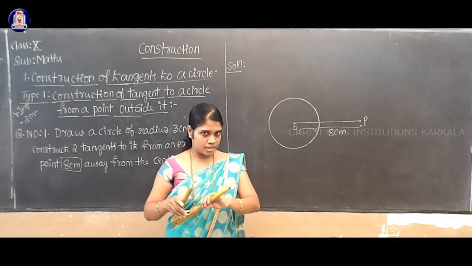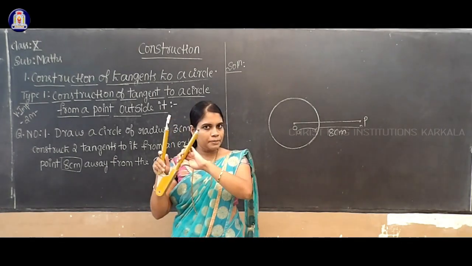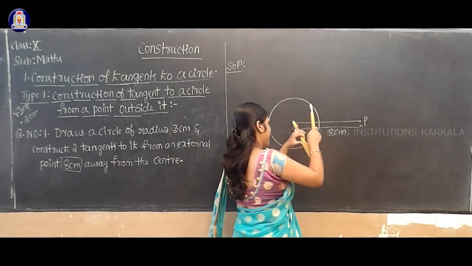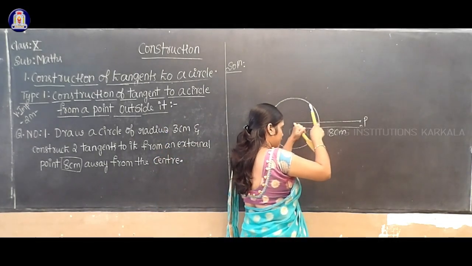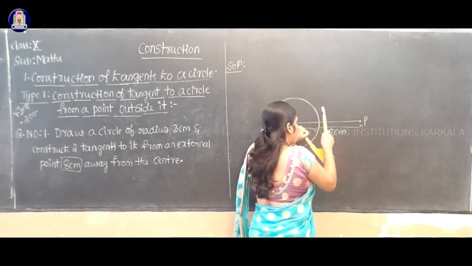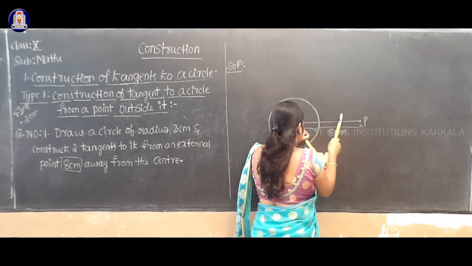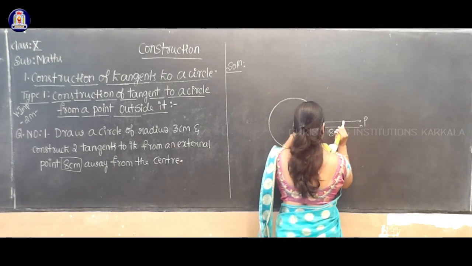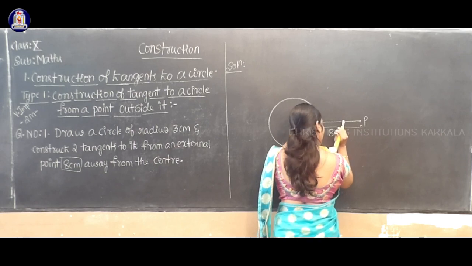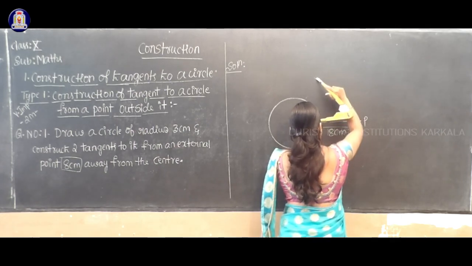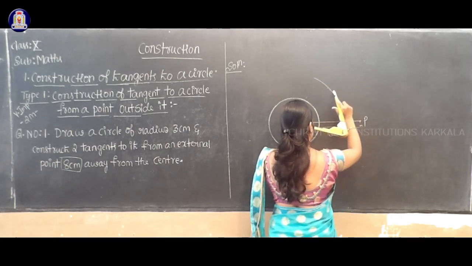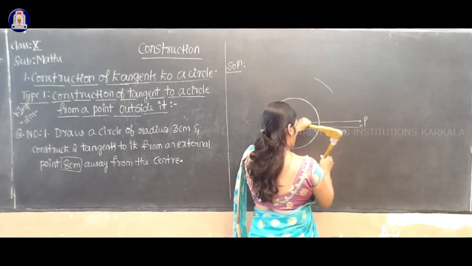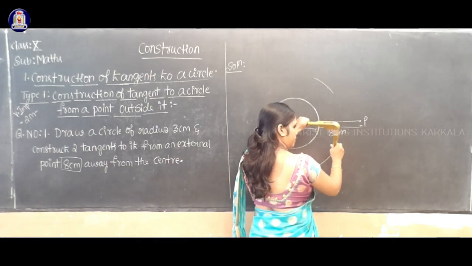See, keep the leg of your compass at the point P. Take more than half of the line OP and draw one arc at the top and another arc at the bottom.